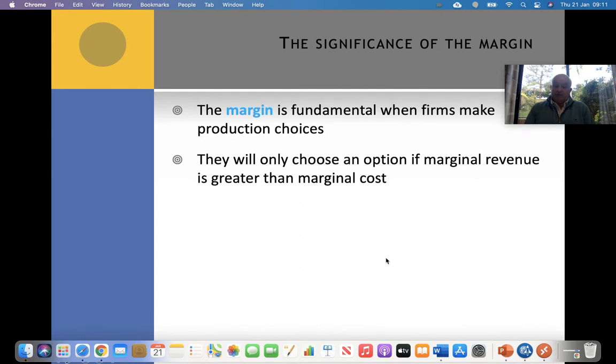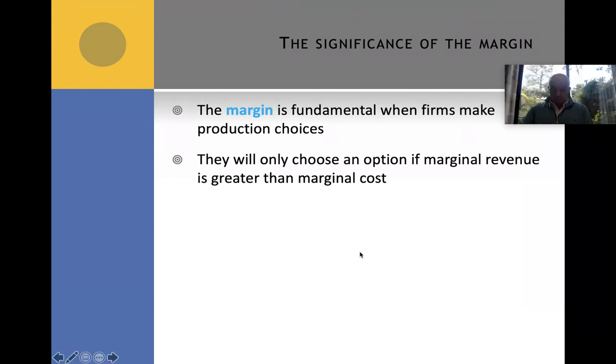If that isn't the case, if the revenue that's generated by that extra item is less than the marginal cost, then every time you produce another item at that point, you're going to be losing money on that particular item. So in that situation, provided marginal revenue is higher than our marginal cost, that is going to contribute to profit, in that we're going to produce more revenue than it's going to cost us to produce that particular item.